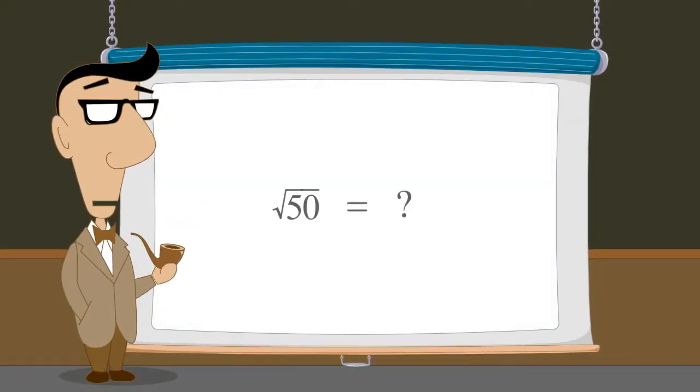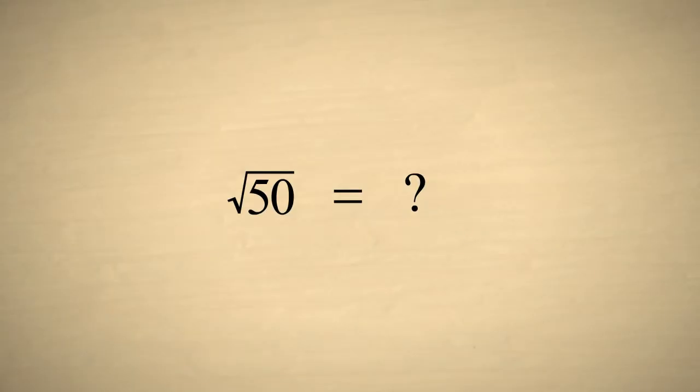But there is another way we can represent this radical expression, which is still exact, but maybe even easier to work with. Notice that we can factor the number under the radical sign as 25 times 2. Now, instead of using a radical sign, let's write this using exponents.